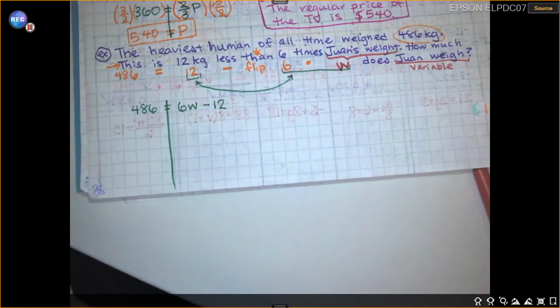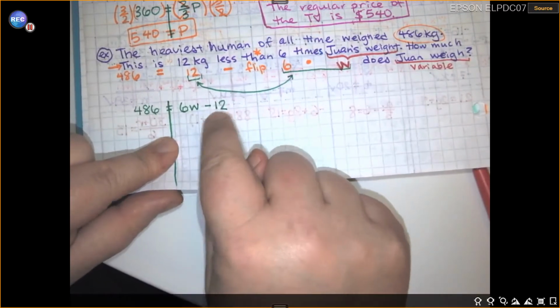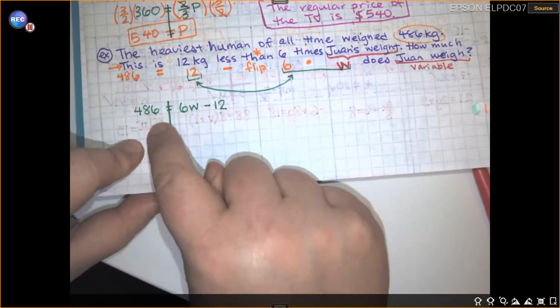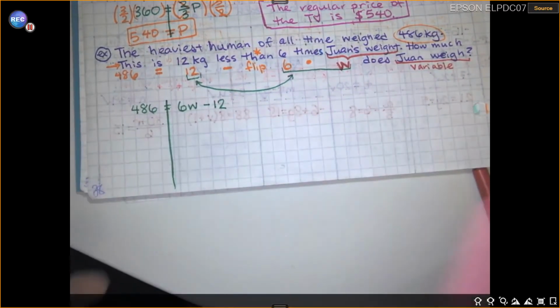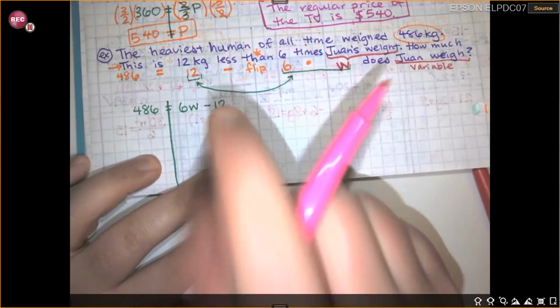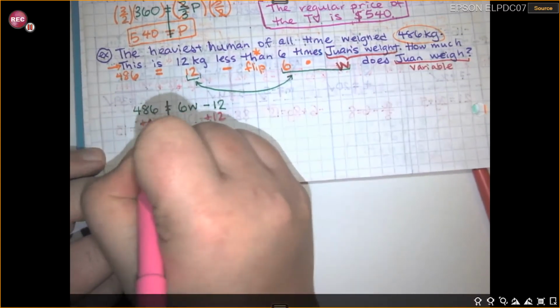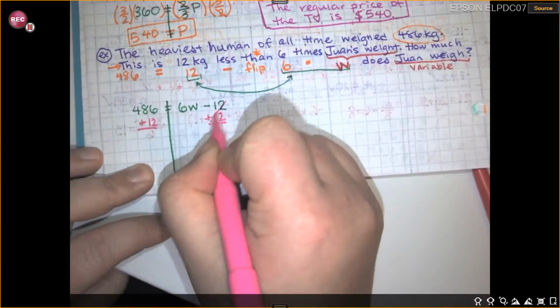And then we solve. Okay? Because Juan's weight is 6 times and then 12 less than that. And then it will equal this. So we get rid of the minus 12 first. Plus 12, plus 12. So that's gone.